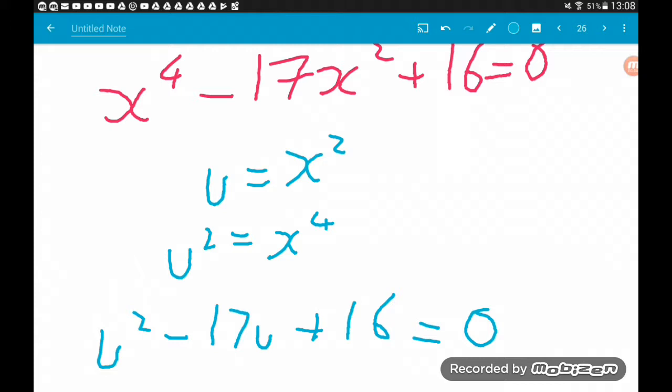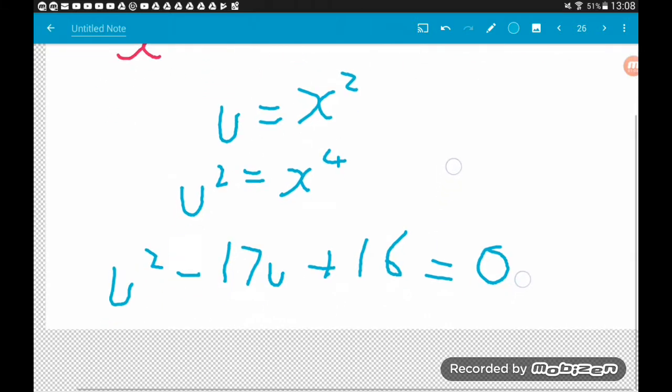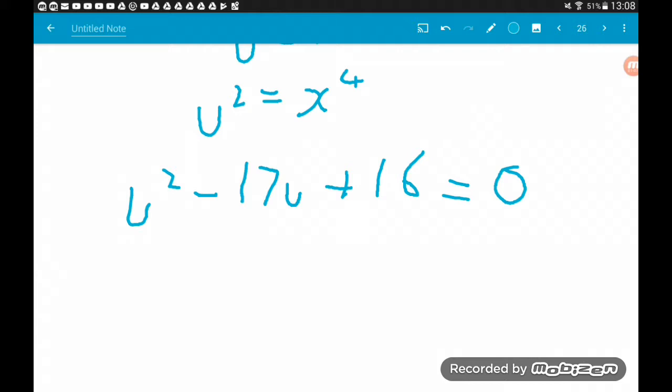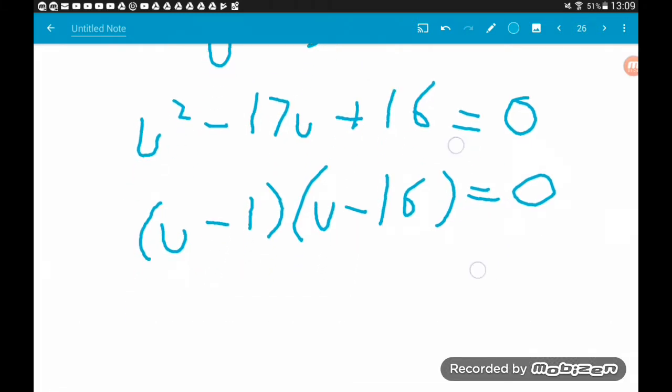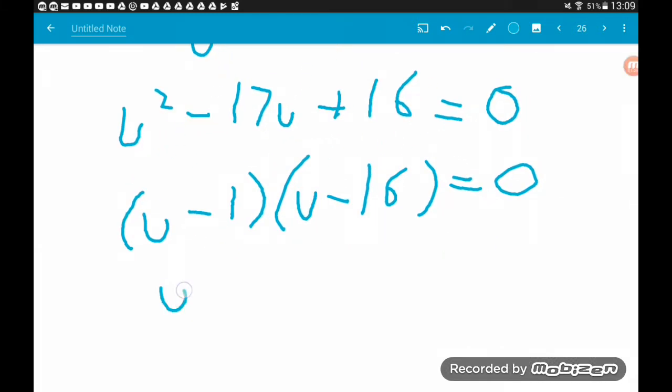Okay, good times. So we do now have a quadratic. How are we going to solve this? Well, we can factorise. We can write this as u minus 1 times u minus 16, and that is equal to 0. So u is equal to 1 or 16. Now remember the substitution we made was u equals x squared.